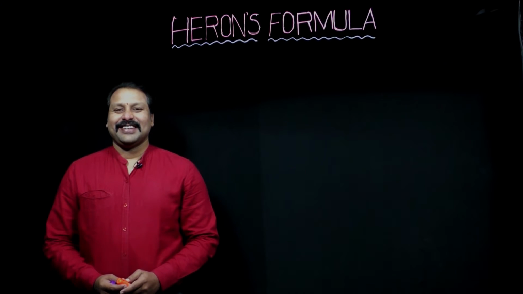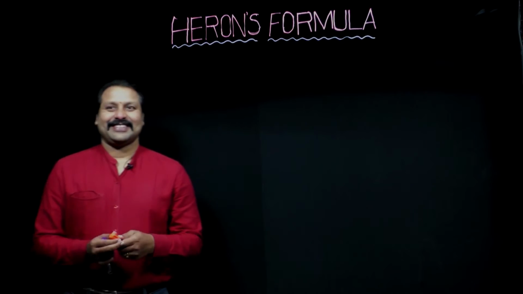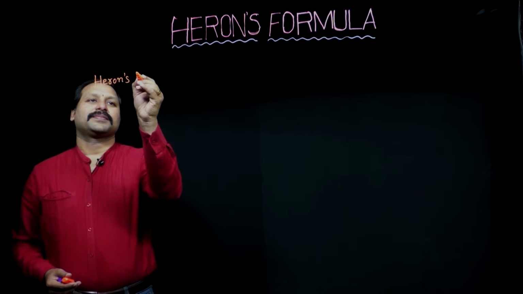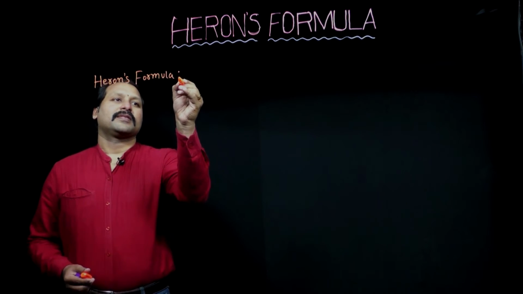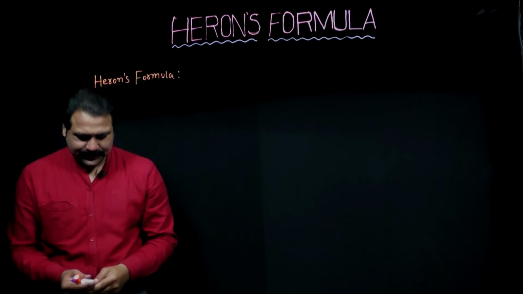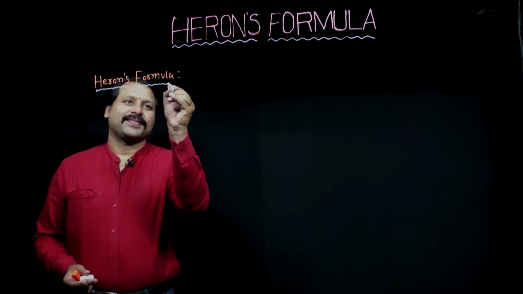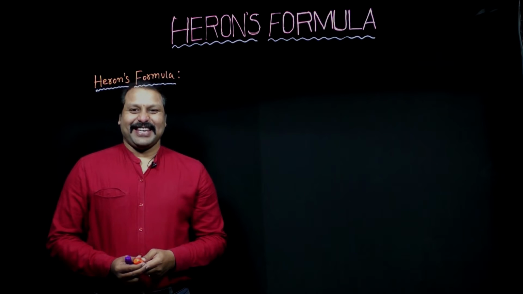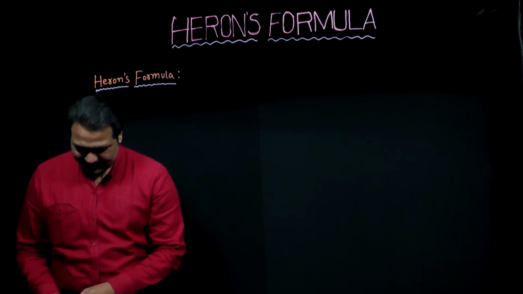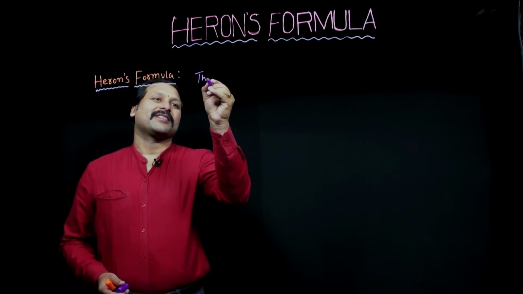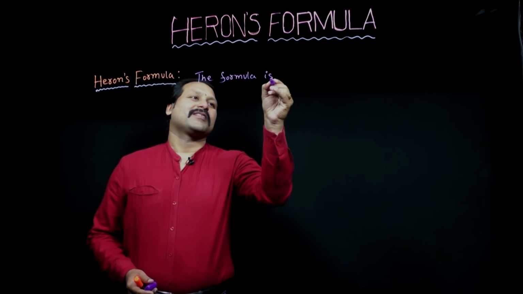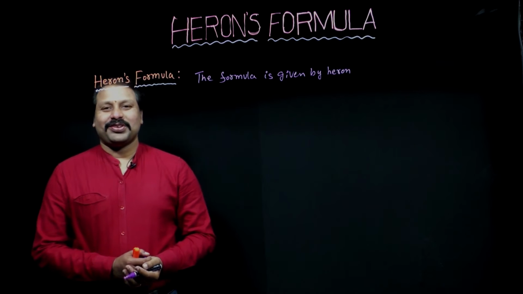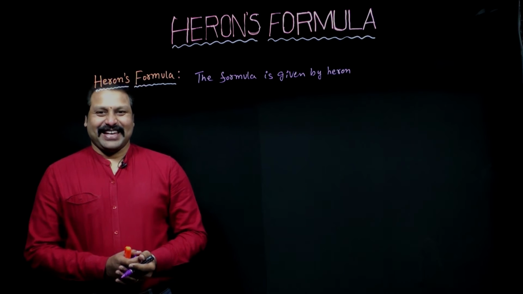Next concept, Heron's formula. The formula is given by Heron about the area of a triangle.